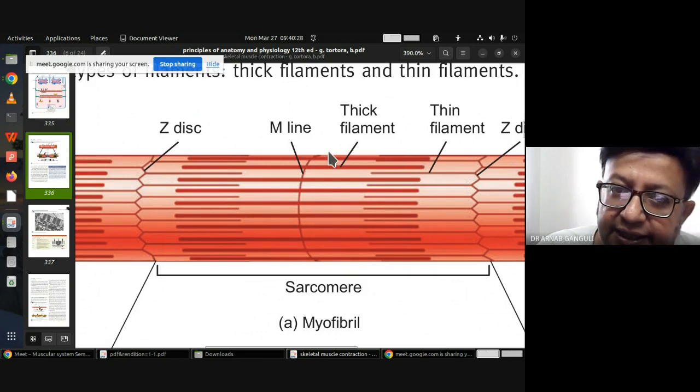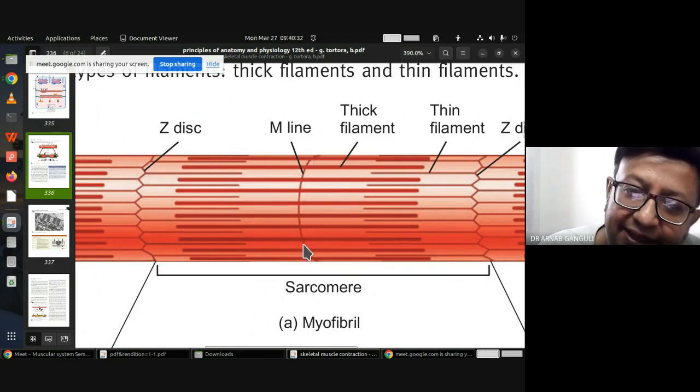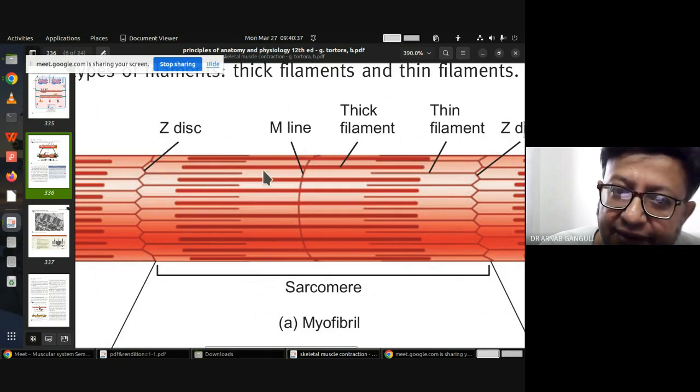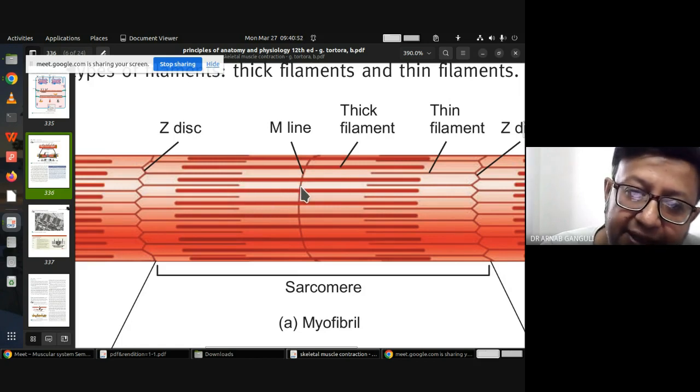And in between, there is a line known as the M line. Remember, this is the M line. And the thick filaments are there and the thin filaments are there. We are looking at one sarcomere. A line can be seen in between, that is known as the M line. When it contracts, this thin filament and this thin filament come and touch on the M line.